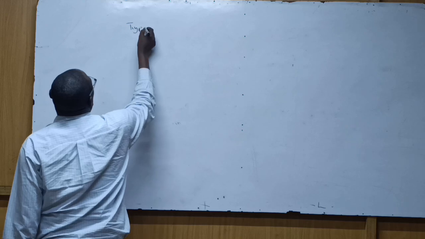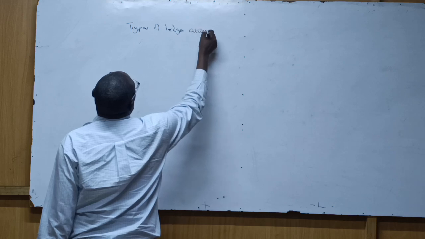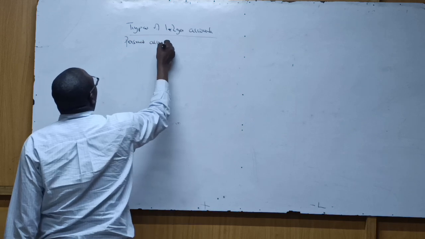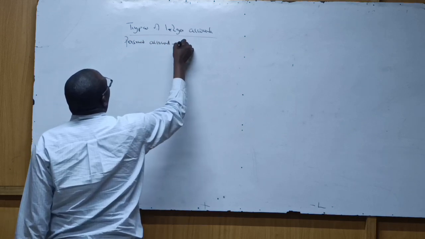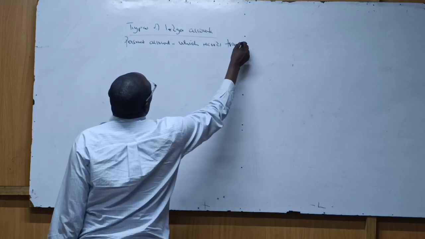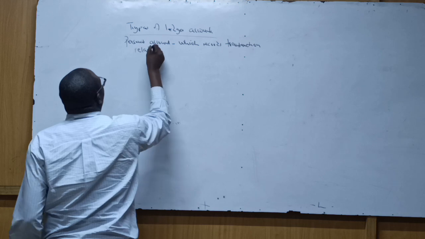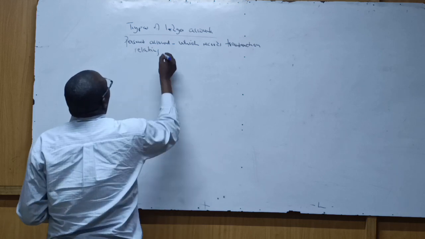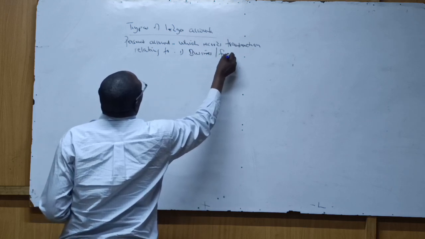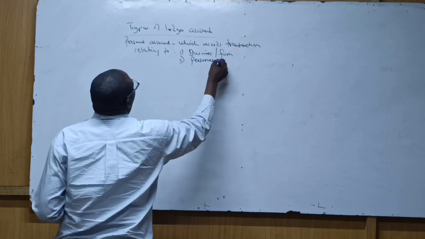So, types of ledger accounts. Number one, we have personal accounts, which record transactions relating to one business, firm, or two personal accounts.